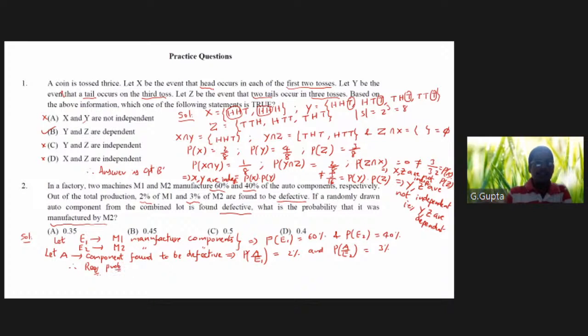Required probability is P of E2 given A is equal to probability of numerator event E2 into probability of inverse event A given E2, whole divided by probability of E1 into probability of A given E1 plus probability of E2 into probability of A given E2.